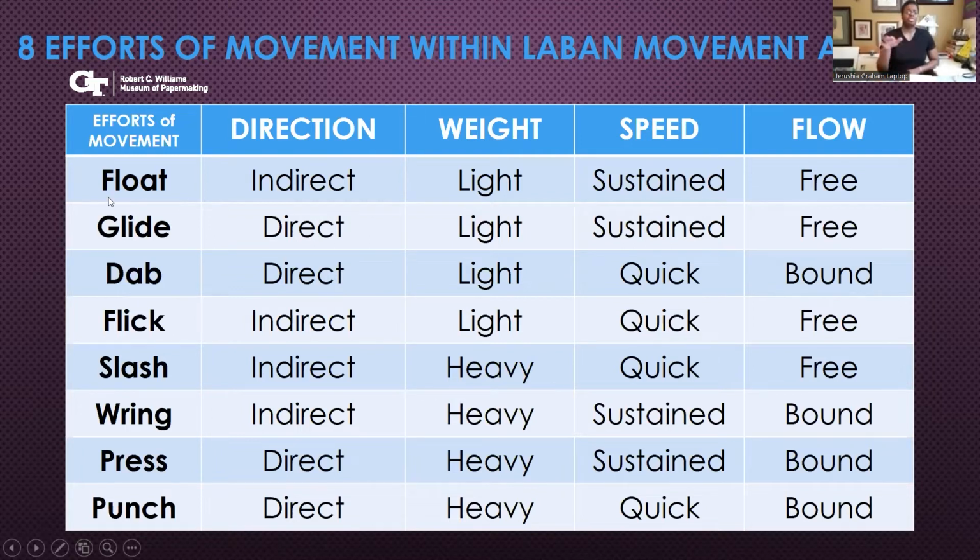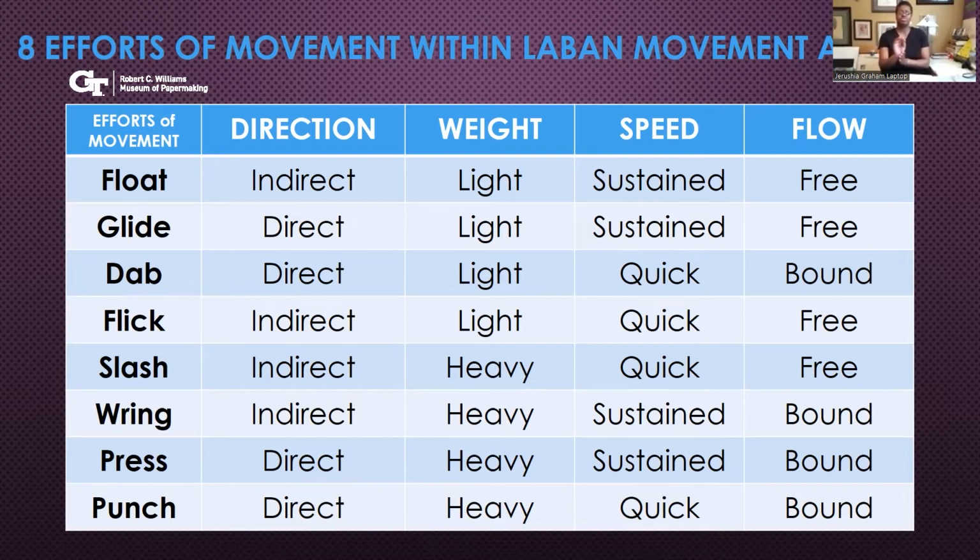So floating, the direction is indirect. When you float, it's kind of drifting from one place to the other. The sense of weight is very light. The speed is sustained, slow and steady.